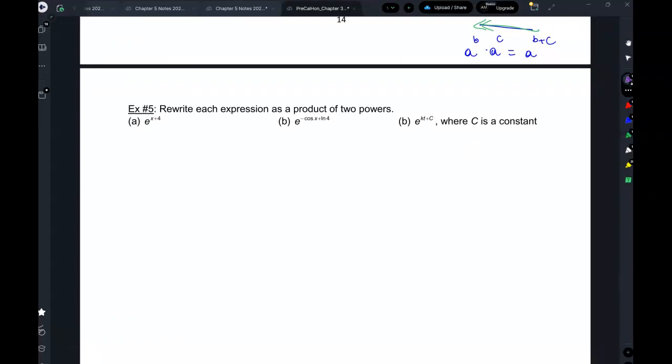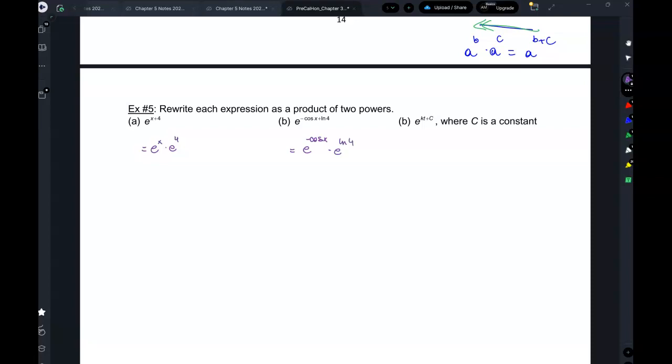So here, I have e to the x plus 4. Another way of writing that is e to the x times e to the 4. It seems very out of context right now because we're not going anywhere with it. But this is a big thing in calculus. So here, this will be e to the negative cosine x, why not, times e to the ln of 4.